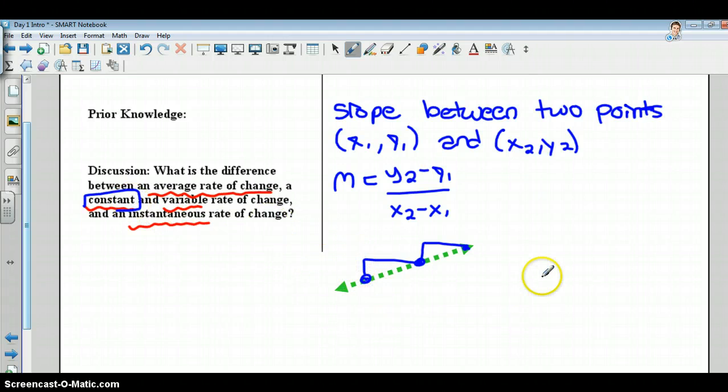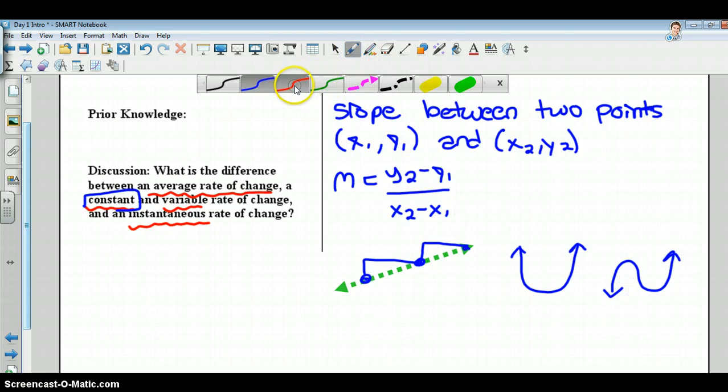The slope is constant. When you were in Algebra 2, you started to look at something called a parabola, or maybe a polynomial. So here we have a cubic as well. The only thing you did not talk about is really what the slope was.